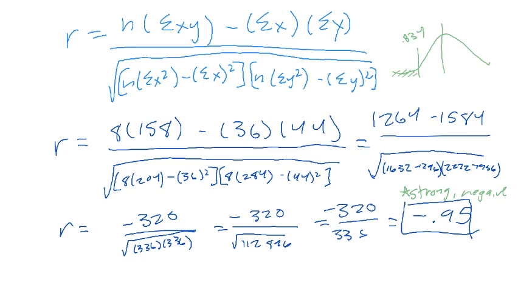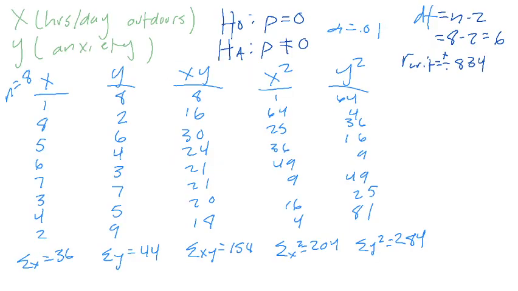But it still helps the brain to think of it this way. So our negative 0.95 is greater in magnitude than our cutoff score. So this is in fact significant, and we would reject the null. So if we hop back over here, we would reject the null, and we would have some evidence that there is a relationship between these two things.